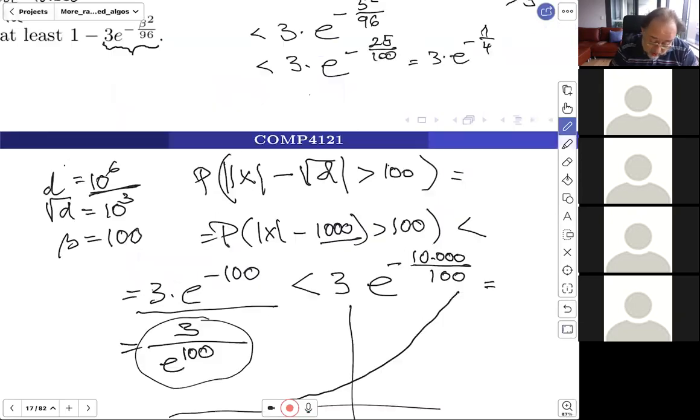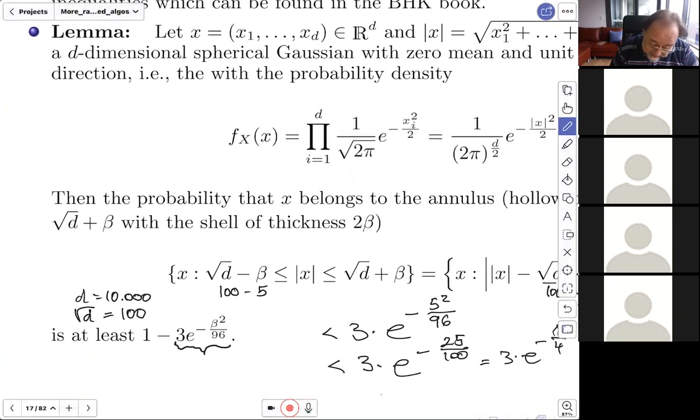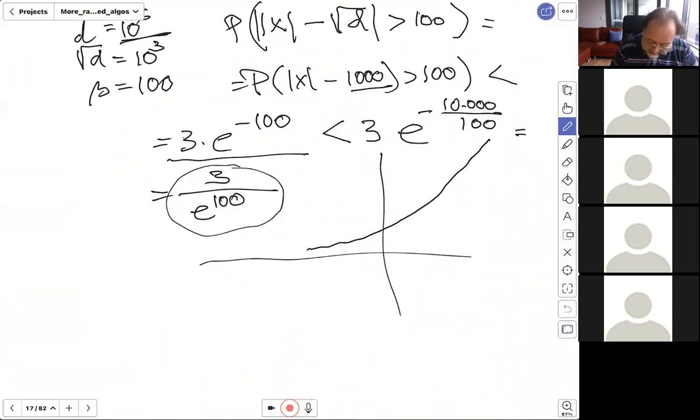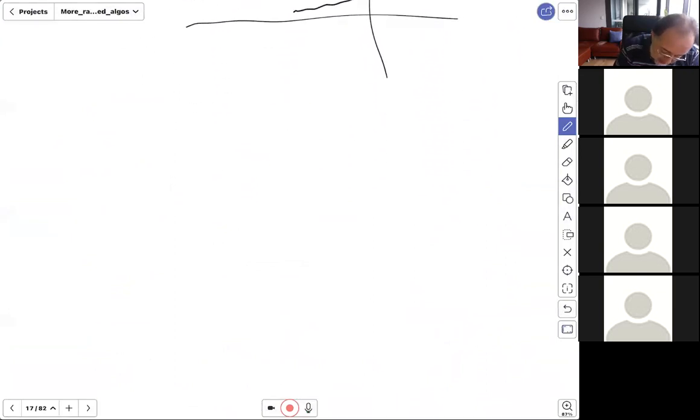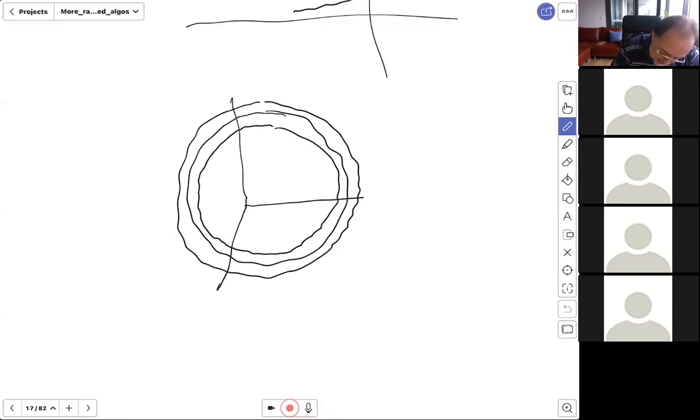So this is called the Gaussian annulus theorem, how to think about that. It simply tells you the following. If you are choosing the coordinates randomly using a Gaussian, with all likelihood, all the points that you randomly generated will be in a thin shell around the ball whose radius is square root of d, right?